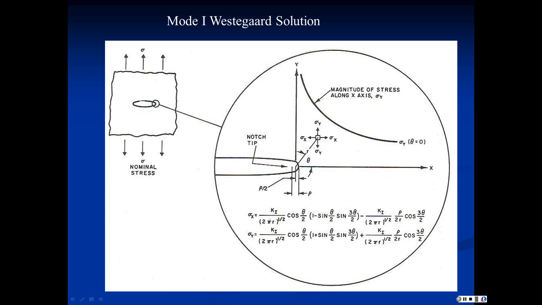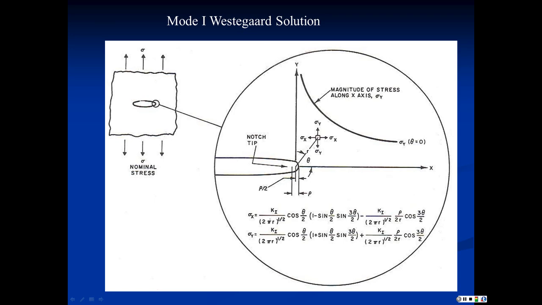Now, the distribution gets very interesting if we look at theta equals 0. So if we let the radius go to 0, let's make this crack really sharp, and if the radius goes to 0, this term, let's look at sigma y, this term disappears, right, because it's a 0, this all goes away. And if we let theta equal 0, then sine of 0 is 0, so I have 1 here, and then cosine of 0 is 1, so that's just 1.